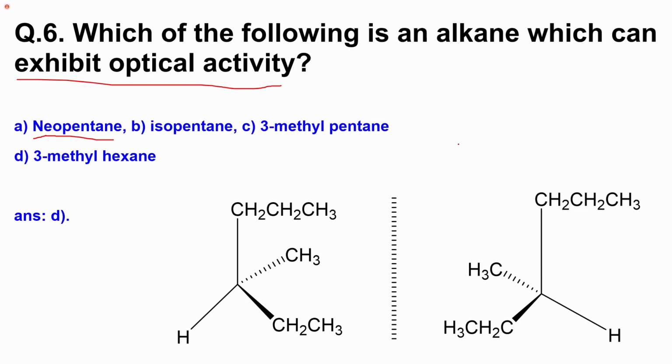So first, we'll draw the neopentane structure. Neopentane structure is actually a central C with CH3, CH3, CH3, and CH3. Okay, this is the neopentane structure. Now we'll see how many carbons are present here.